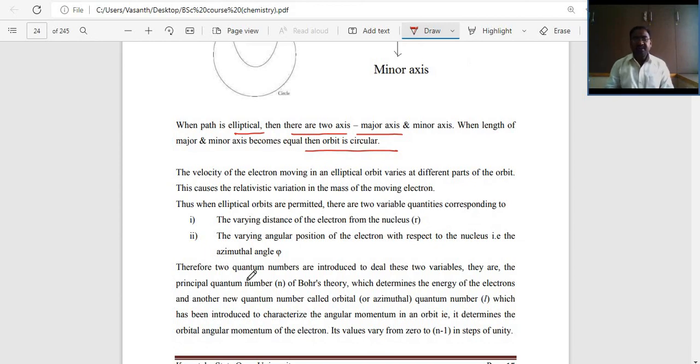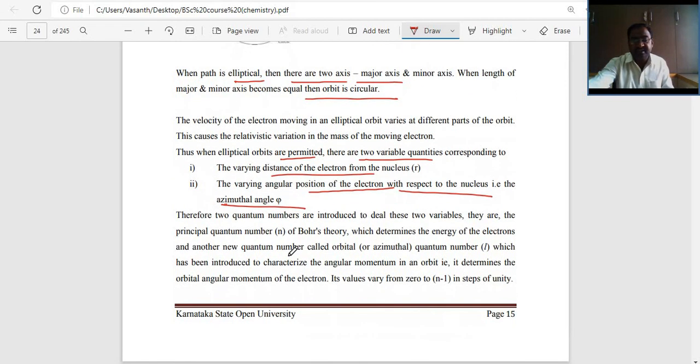When elliptical orbits are permitted, there are two variable quantities: the varying distance of the electron from the nucleus, and the varying angular position of the electron with respect to the nucleus, that is the azimuthal angle represented by the sign psi.